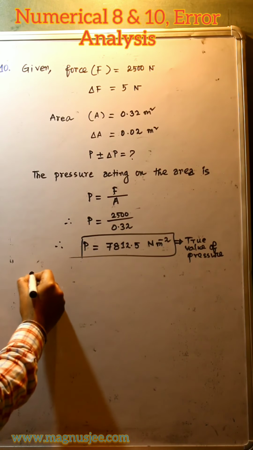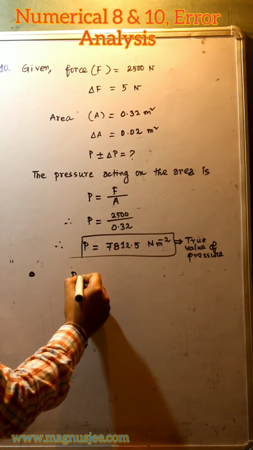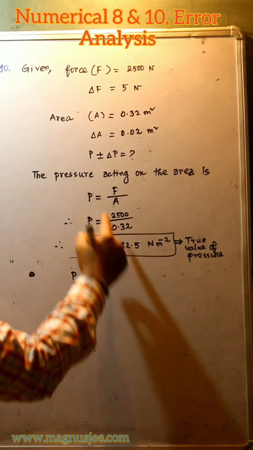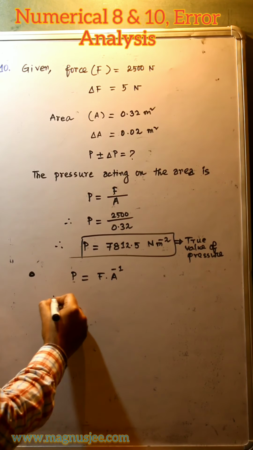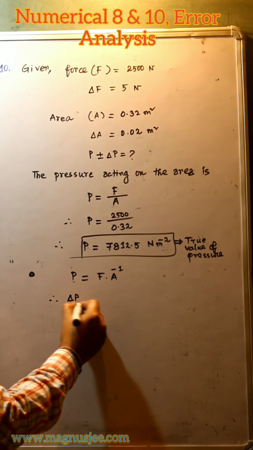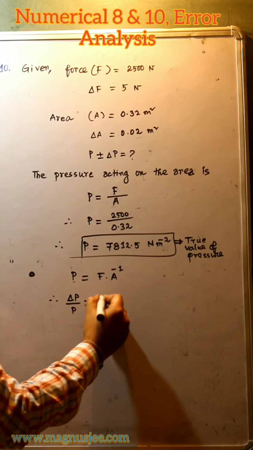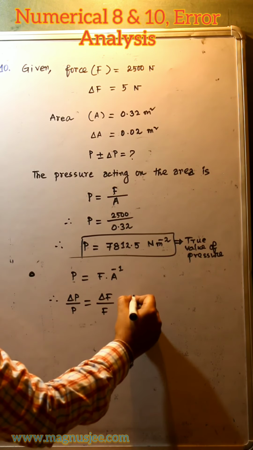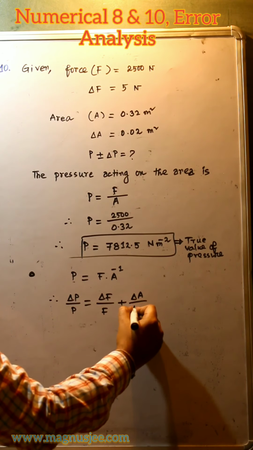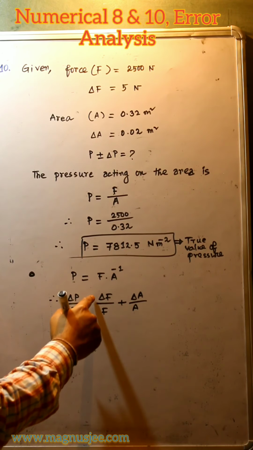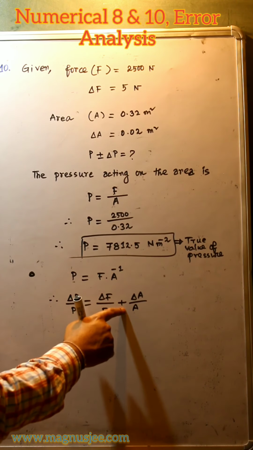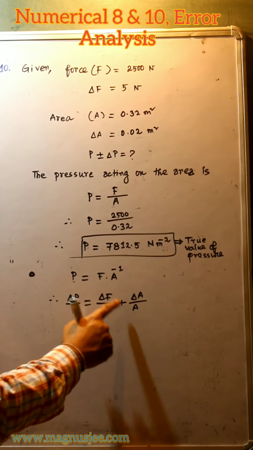Now we have to find delta P. Pressure can be written again as F into A to the power minus 1. So delta P by P will be delta F by F plus delta A by A. The power of F is 1, that's why 1 into delta F by F. The power of A is minus 1, but here we have to consider the positive value of the power.